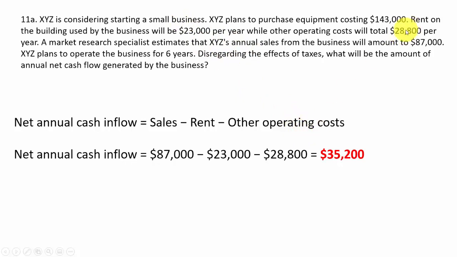What it ignores here is the cost of this equipment. Well, when you buy equipment, it's put on the books as an asset, and then the depreciation on the equipment comes down into the income statement as an expense, but it's a non-cash expense. So the answer here would be just to use these items that were assumed to be cash revenues and cash expenses, which comes out to be a net annual cash inflow of $35,200.